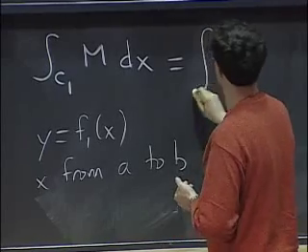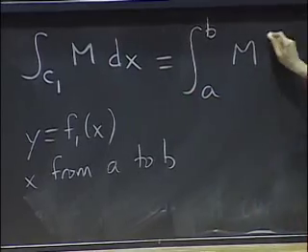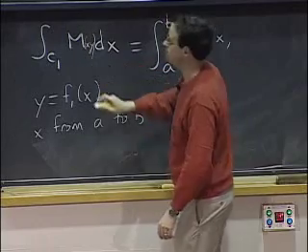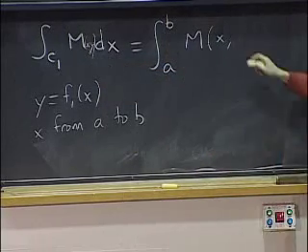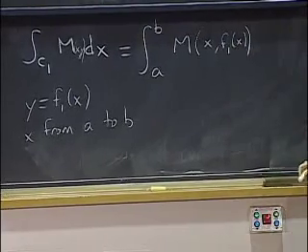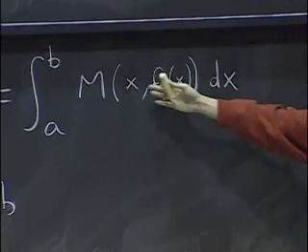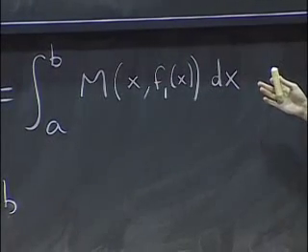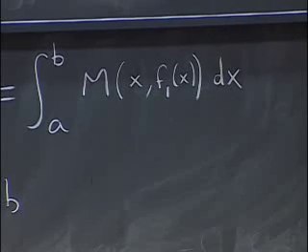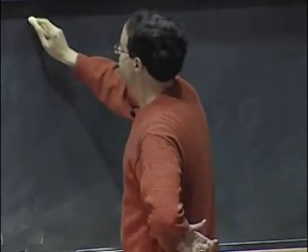So that will be the integral from a to b of, well, I have to take the function M. M depends normally on x and y, so maybe I should put x and y here. And then I will plug y equals f1 of x, dx. And then I have a single variable integral, and that's what I have to compute. Of course, I cannot compute it here because I don't know what this is. So it has to stay this way.